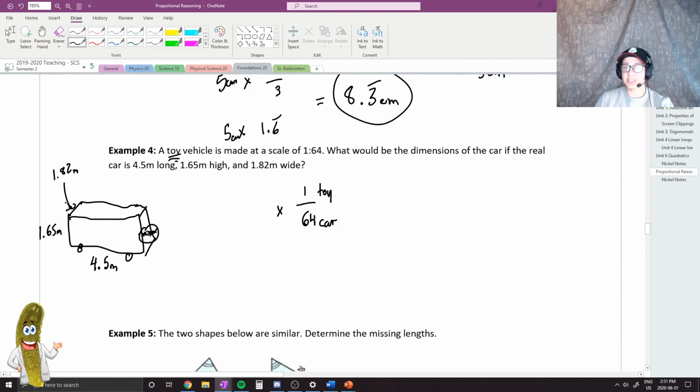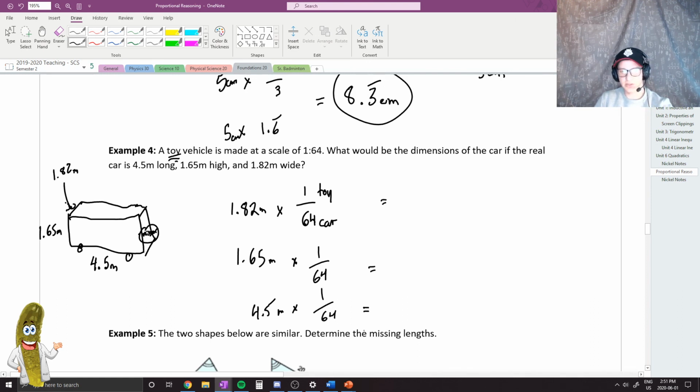The car is going to be 64 times bigger than the actual toy would be. And so what would make sense then is we need to take 1/64th or multiply by 1/64 for each of the values that we were given of the car. So I'm going to do that. 1.65 meters times 1/64, and 4.5 times 1/64, like such. I'm going to take each of these values and divide by 64, or multiply by 1/64.